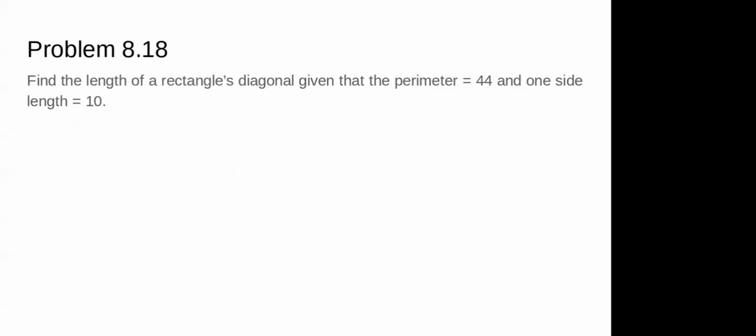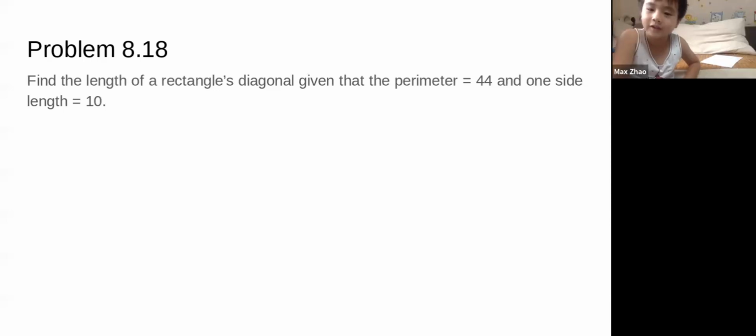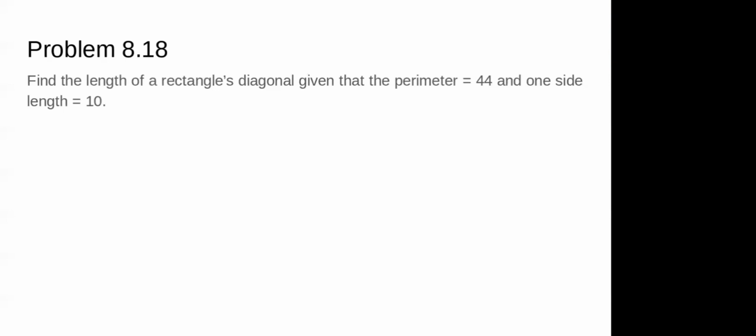So if one side length is 10, then there's another side that's 10, so that's 20 in total. Let's subtract that from 44 and then we get 24. And then divided by 2 we get 12. Correct? Yes.